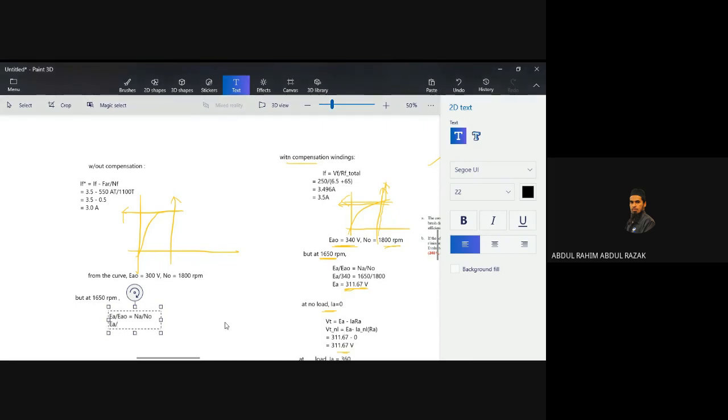So we key in the data that we have calculated. N is 1650 over 1800 of our reference. So you shall get your EA of how much?